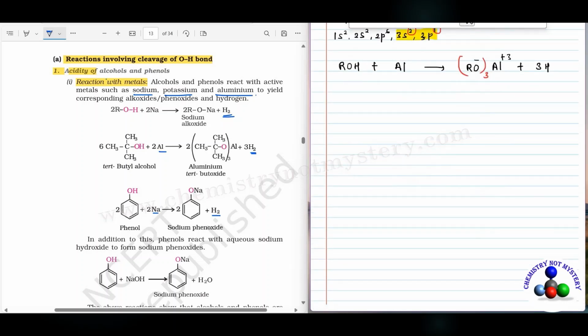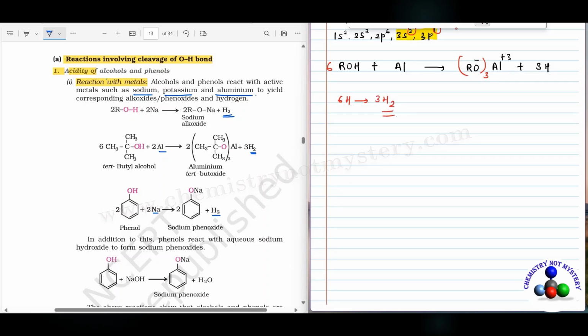To remove it in the form of molecular hydrogen, you have to change the number of moles of alcohol and aluminium. For that, you will require 6 moles of ROH, because when 6 moles of alcohol react, 6 moles of hydrogen will be removed, and these 6 moles of hydrogen can be converted into 3 H2 molecules.